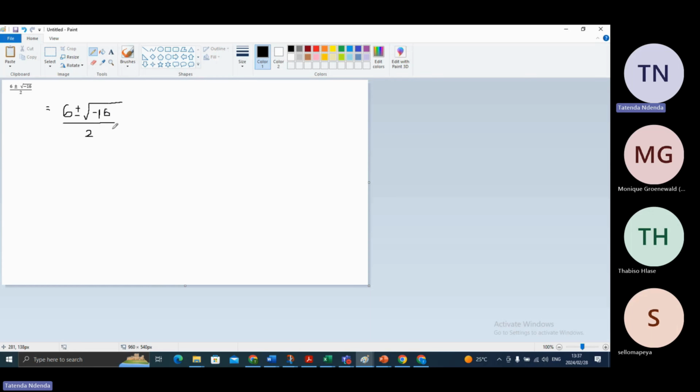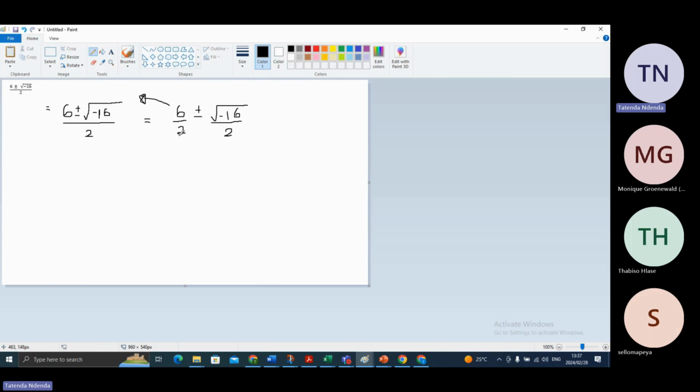So, first of all, guys, we can separate this to be 6 over 2, plus or minus root of 16, which is negative, over 2. Because there is one common denominator. So this thing that we're having here is the same as what we're having this side here.